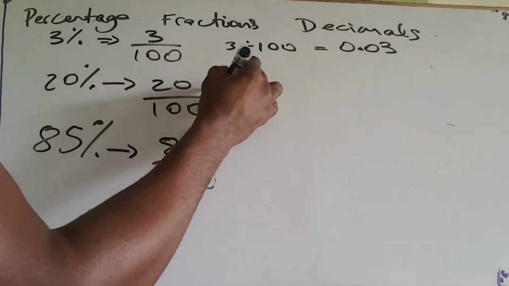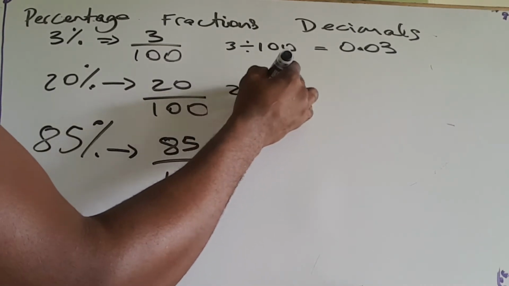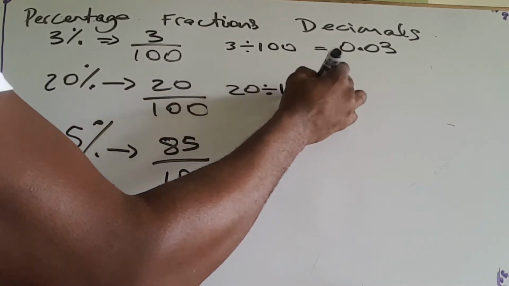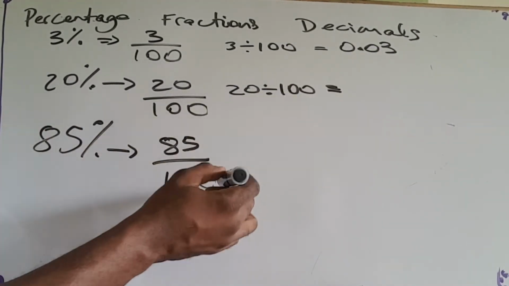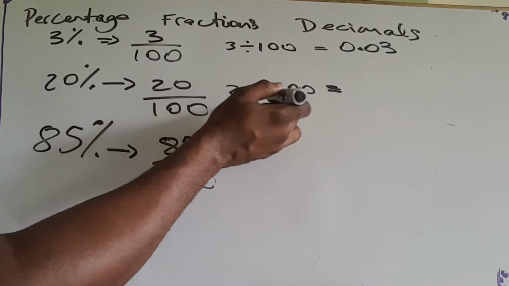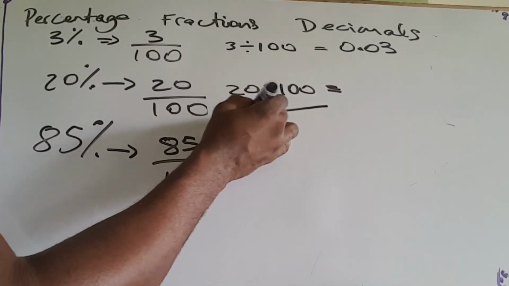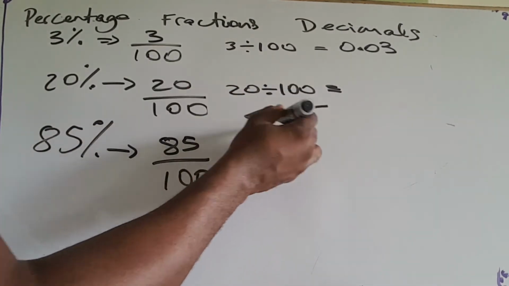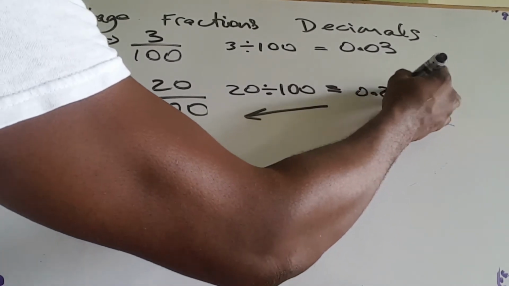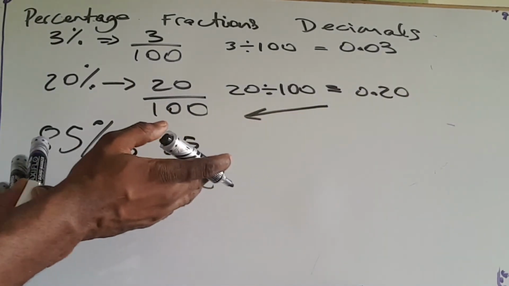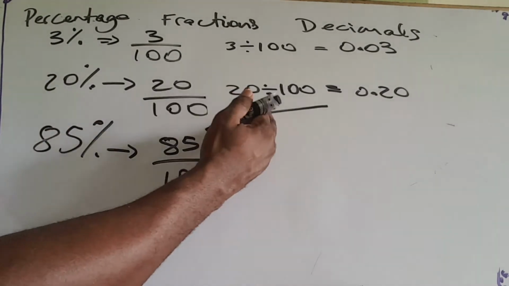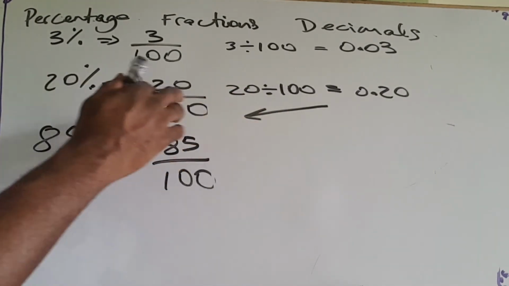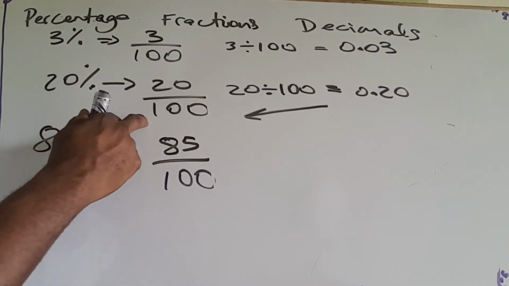This is the same thing as 20 divided by 100. Well, we could either use our calculators or move the decimal point 2 places to the left. We'll get 0.20 or 0.2 if we wish. 0.2 is the same as 20%, as the same as 20 over 100.